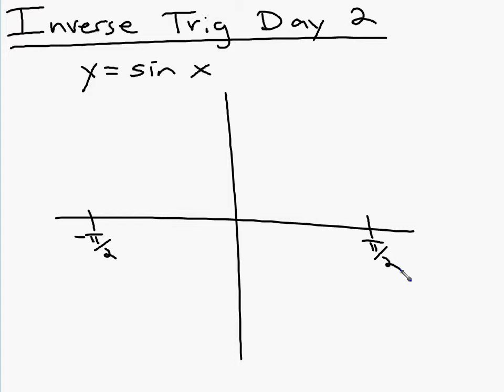And we said that it would then only look like this, go from here to there. I know my graphs may be off a little there. Let me fix that because it's not very pretty. So there's our graph of sine after we've cut it off at negative pi halves and positive pi halves.